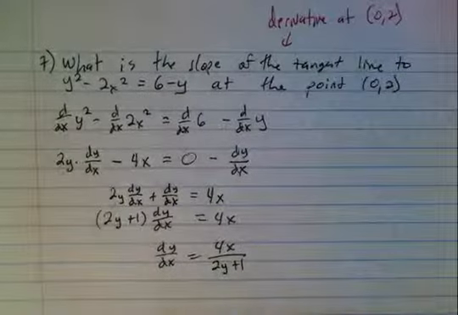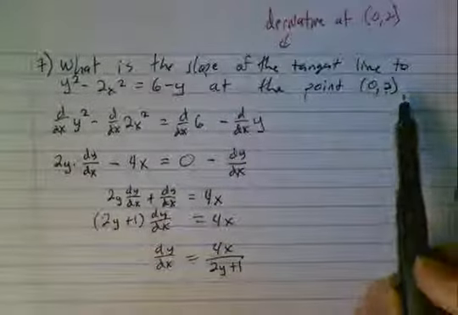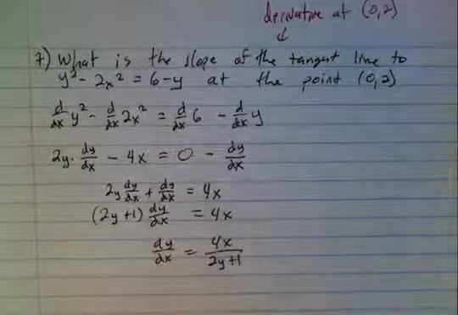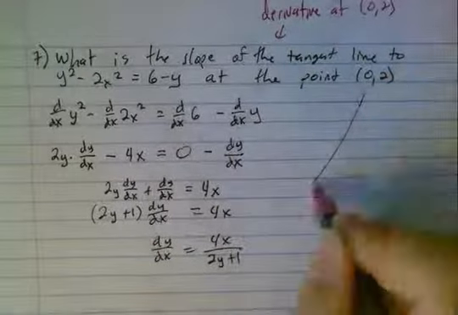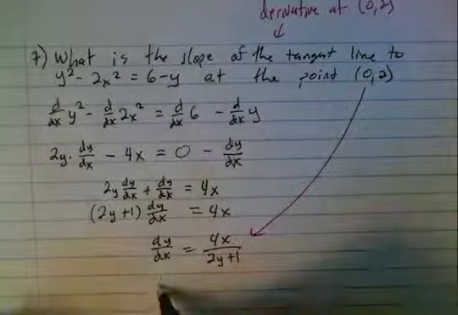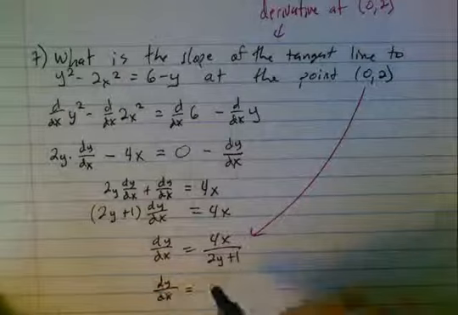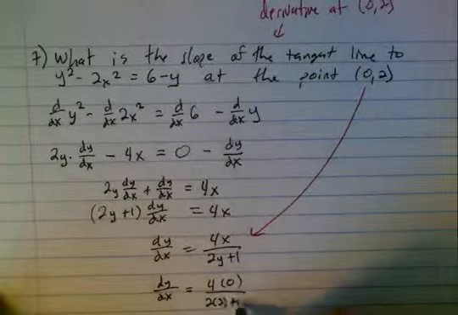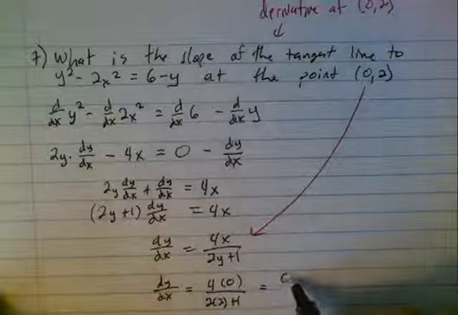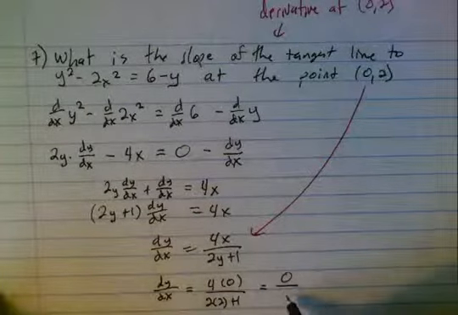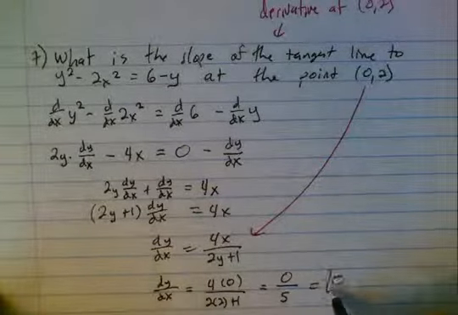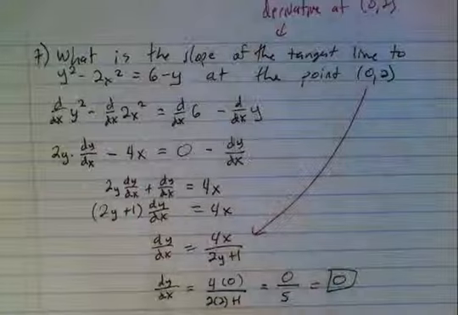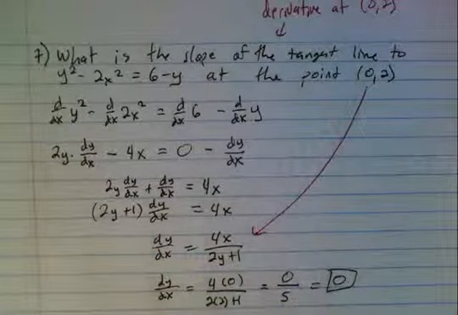Now I've got that equation. Now I know what x and y are, so I can just plug those in. Four times 0 is 0, 2 times 2 plus 1 is 5, so 0. Complete coincidence there happen to be a bunch of problems coming up to 0 this round.